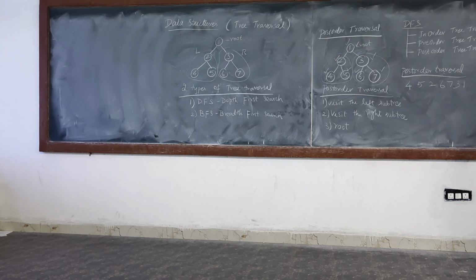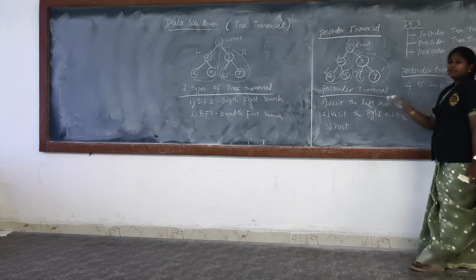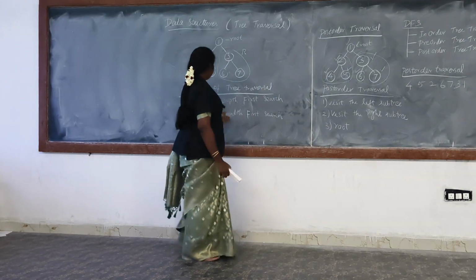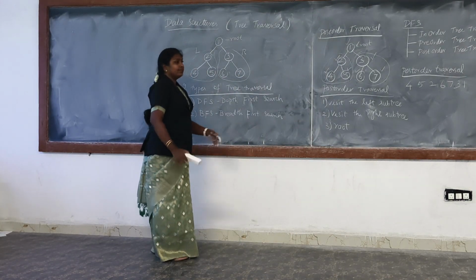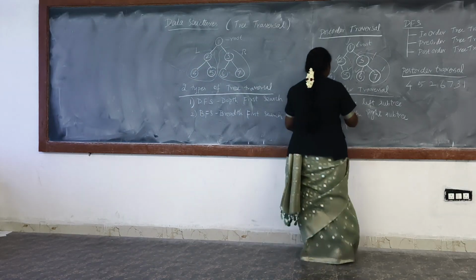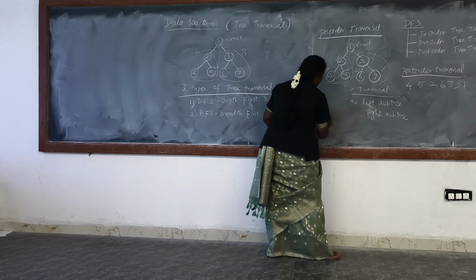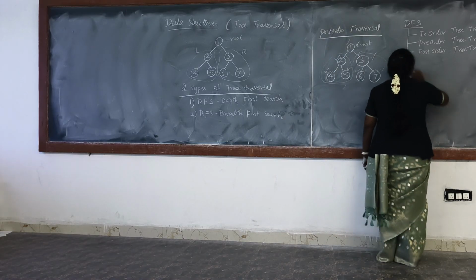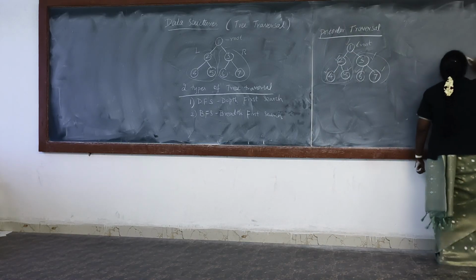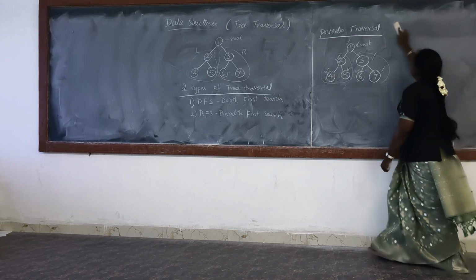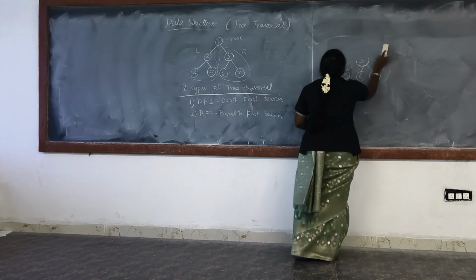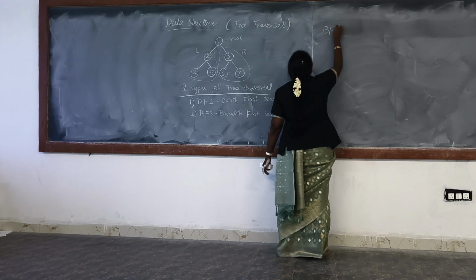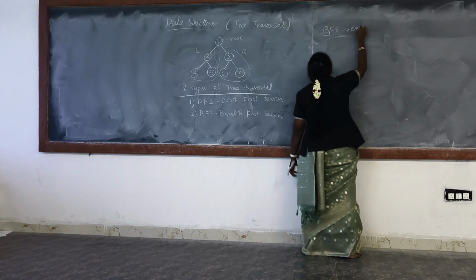So these are the 3 different types of tree traversal, and under BFS, which is called level order traversal, let me give you an example tree. I'll give you the traversal of breadth first search as well. I'll take the same tree as example for breadth first search also. Breadth first search is also called level order traversal.